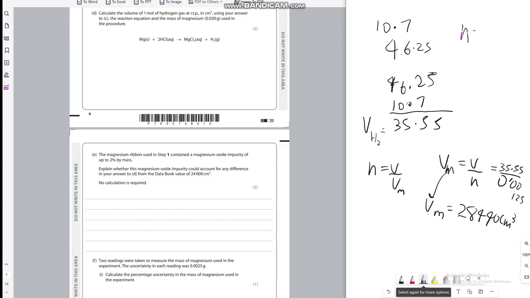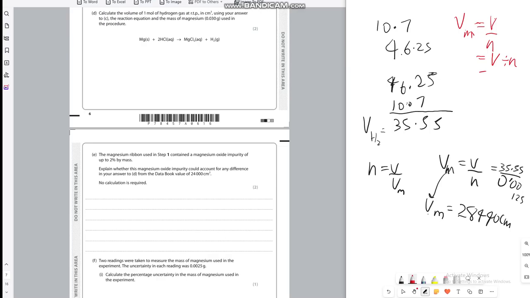Molar volume, Vm, is equal to the volume of the gas divided by the number of moles of magnesium, where I can write it as volume divided by number of moles.